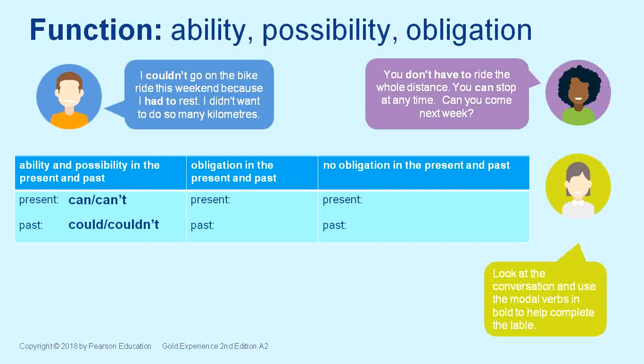When we talk about obligation in the present and past, we use have to and had to. And when there is no obligation in the present or there was no obligation in the past, we use don't, doesn't have to and didn't have to.